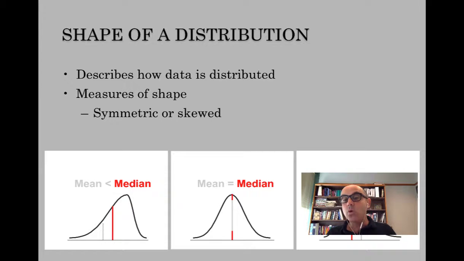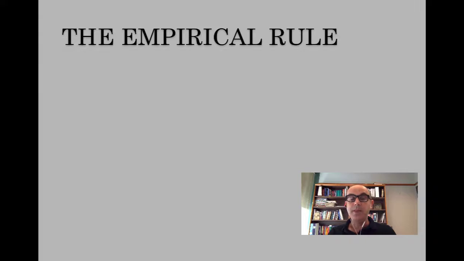When the mean is equal to the median, it will be symmetric, and it will show you exactly where it lays out. So the middle line is the mean, and this is how we show the distribution. I hope it makes sense to you.